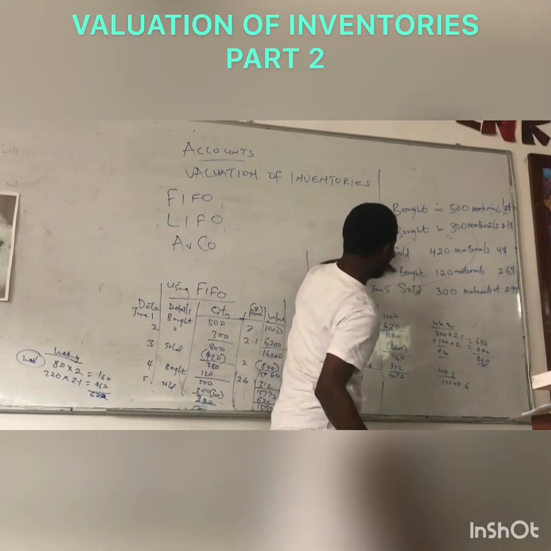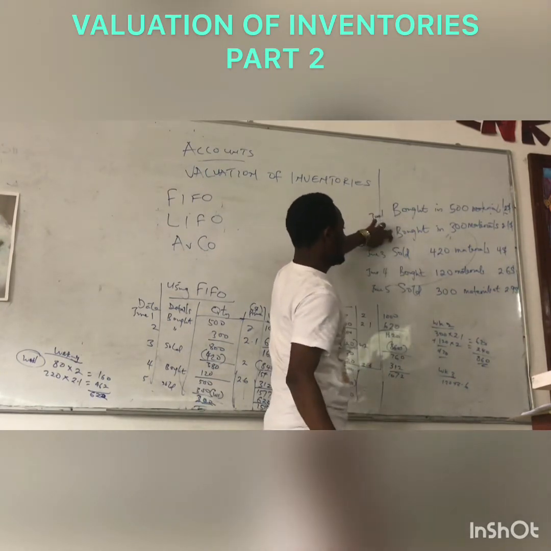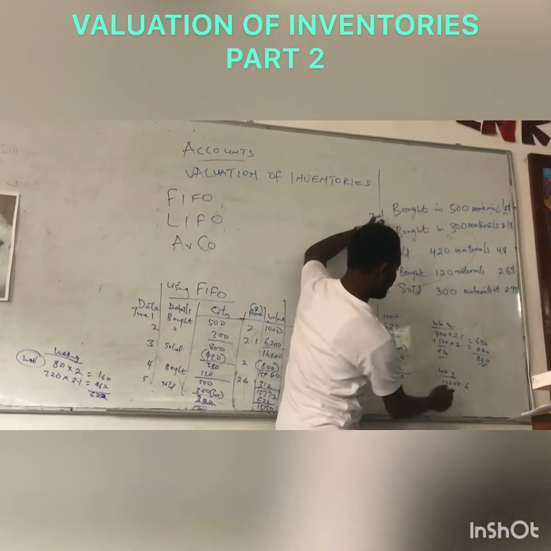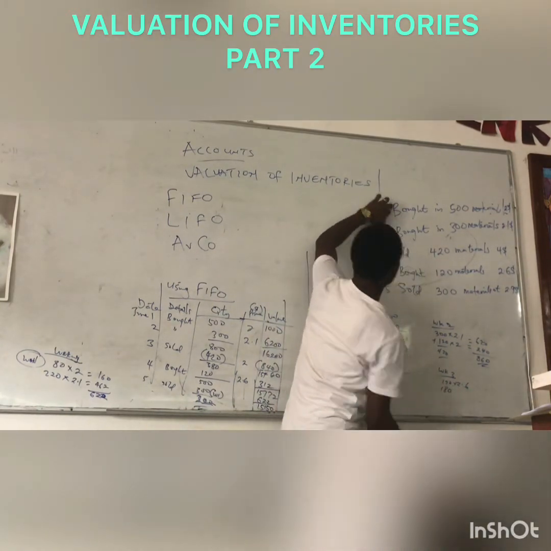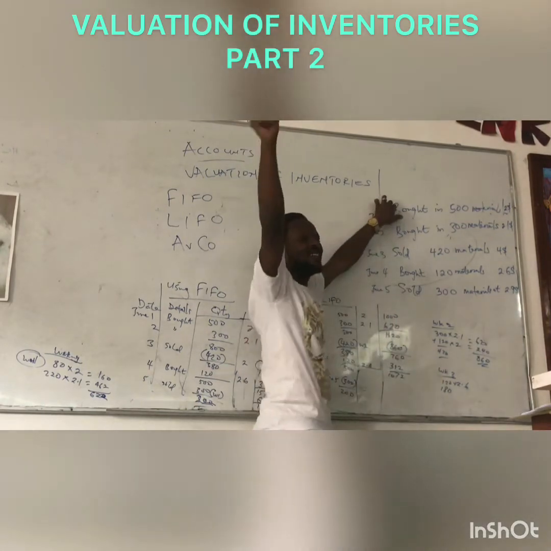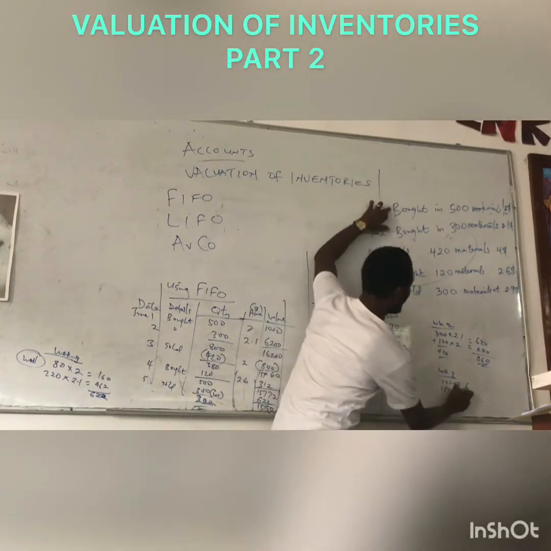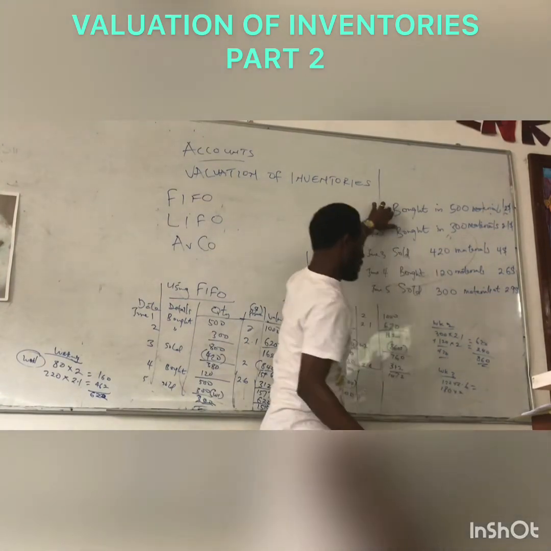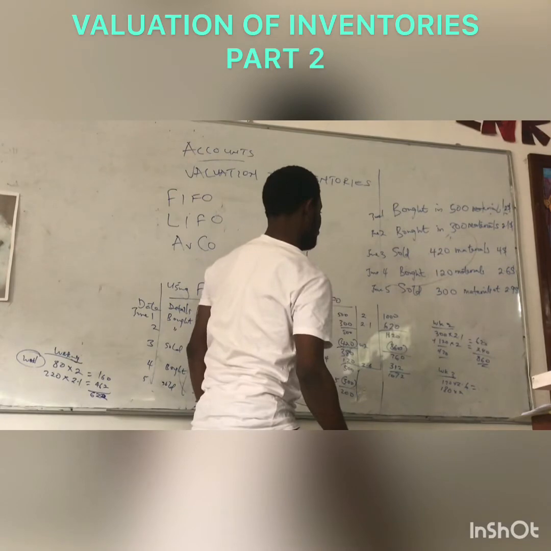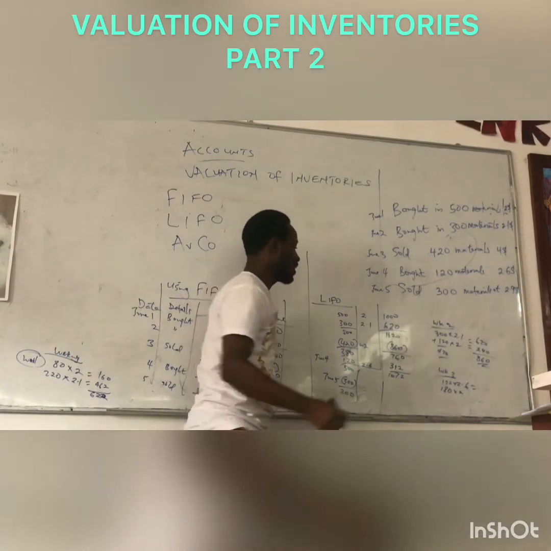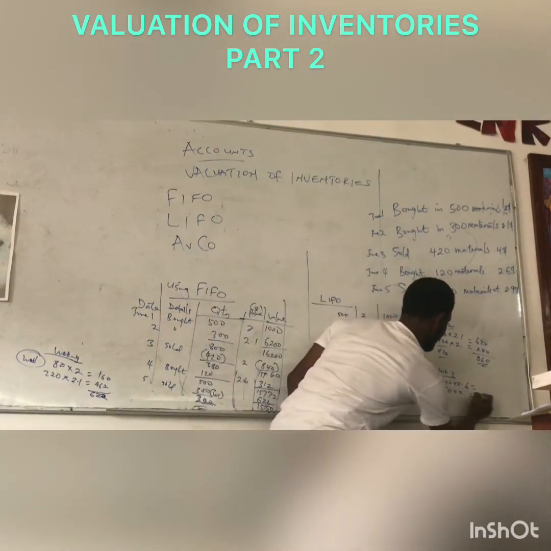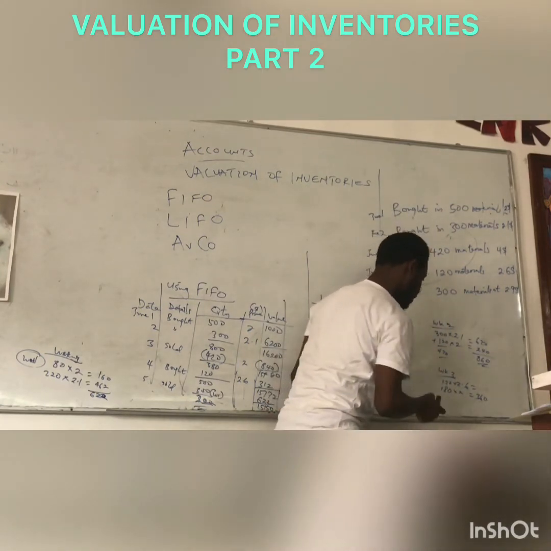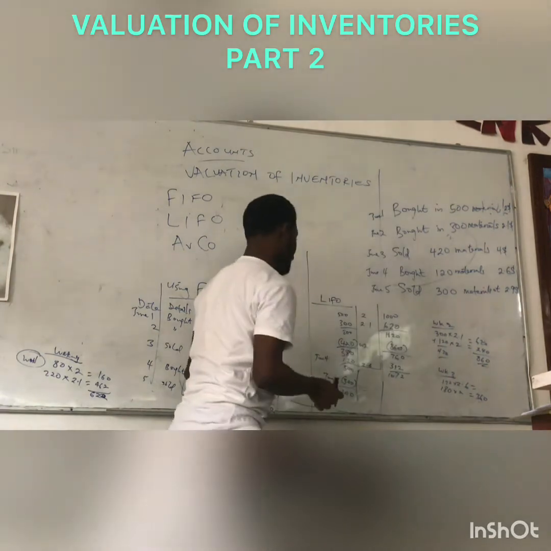Remember we used the 300 up here. Now, that means the remaining 180 will be taken from the first batch on June 1. So 180 times 2 is 360, and 120 times 2.6 is 312.